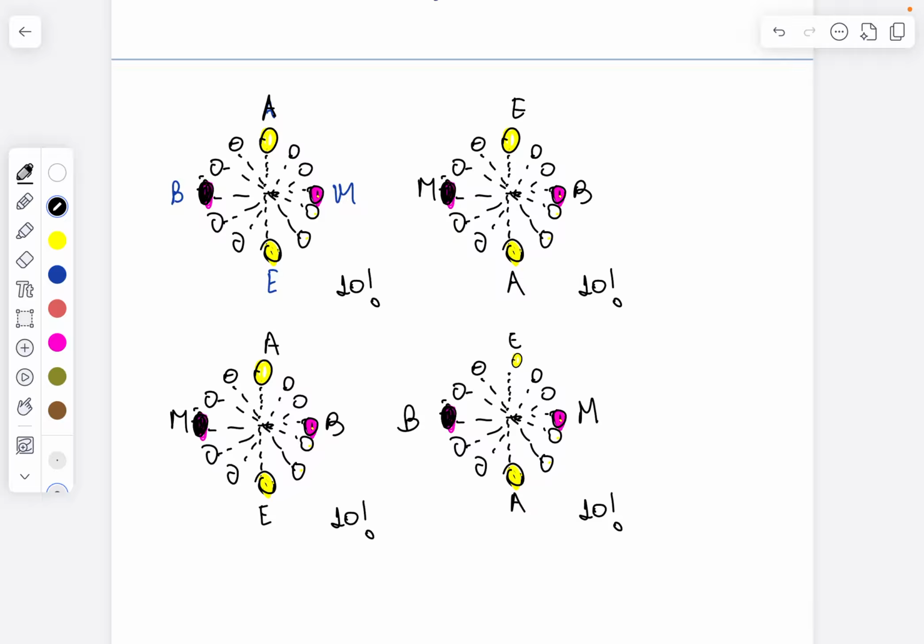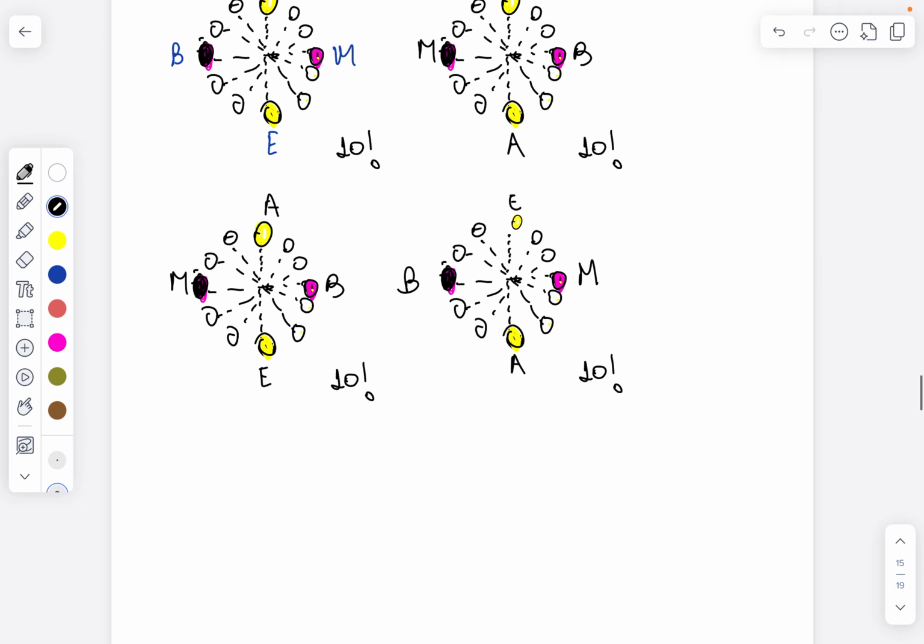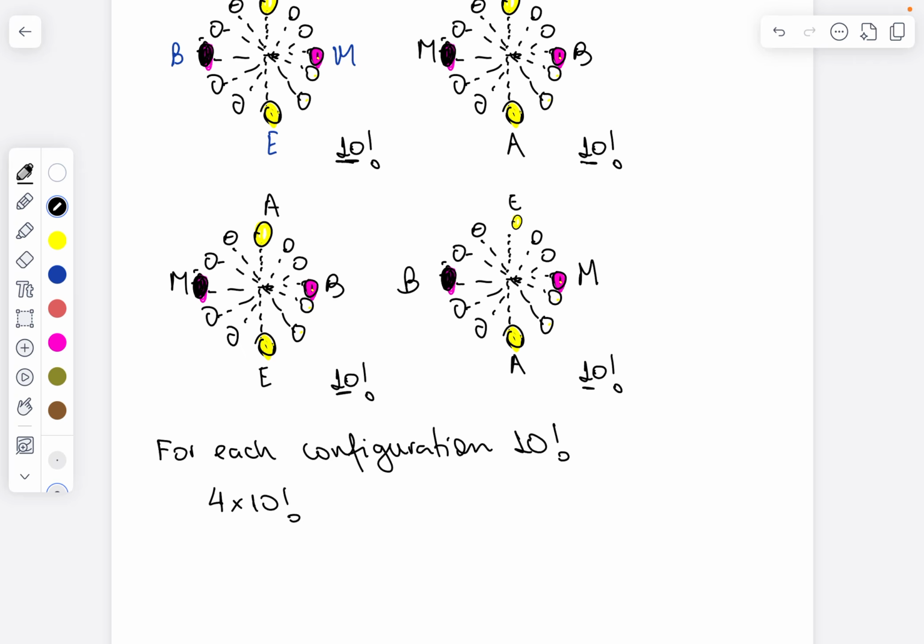And I have 4 options here, okay? So in the end of the day, for this configuration, I have 10 factorial plus 10 factorial plus 10 factorial plus 10 factorial. So for each configuration, I have 10 factorial, meaning that I have 4 times 10 factorial, okay?